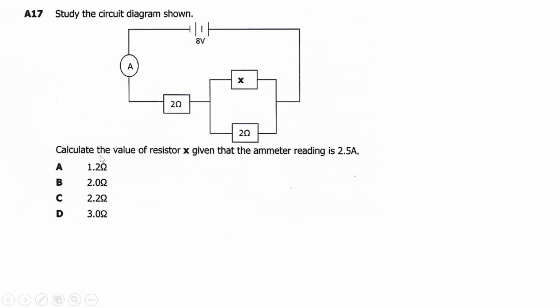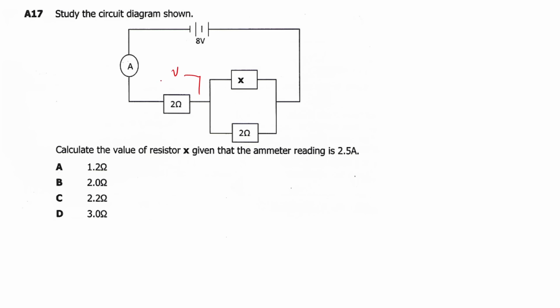Then the question says calculate the value of resistor X given that the ammeter reading is 2.5 amps. So what they want is to find the resistor X here, given that this ammeter reads a current of 2.5 amps.